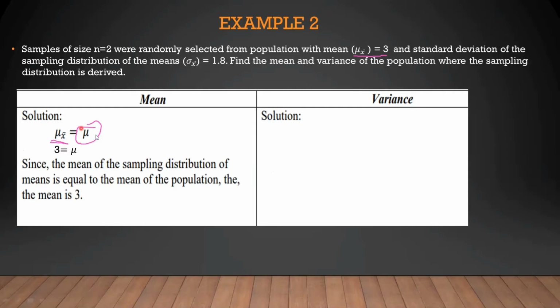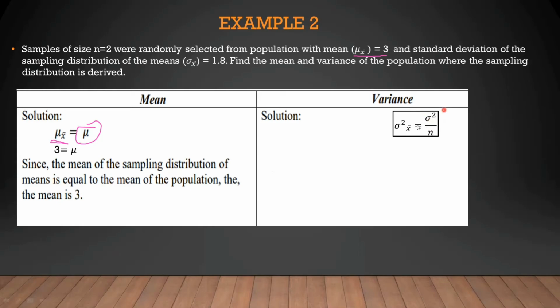Next is, meron na tayong mean. Next is the variance. To get the variance of the population, gagamitin pa din natin yung formula sa ating central limit theorem. Kung nakikita nyo, meron tayo ditong variance. Pag may nakita kayo ditong sa formula na variance of the population, yun yung gagamitin nyo.